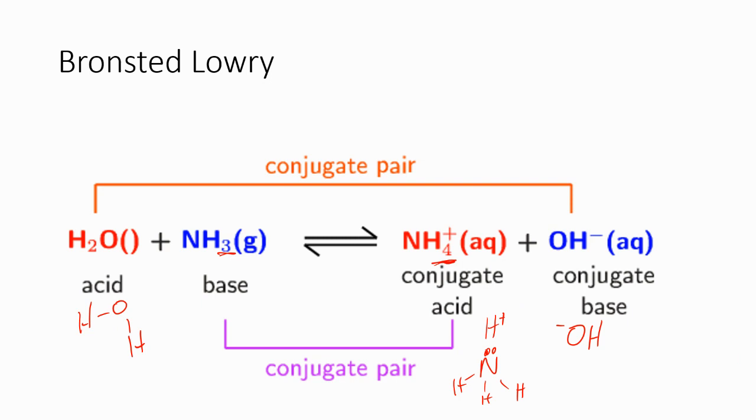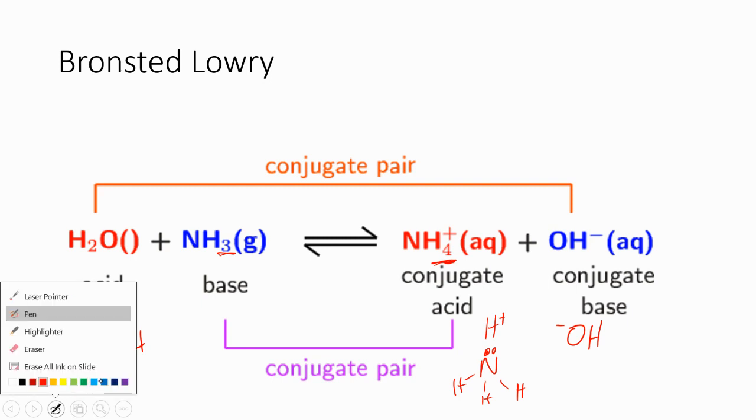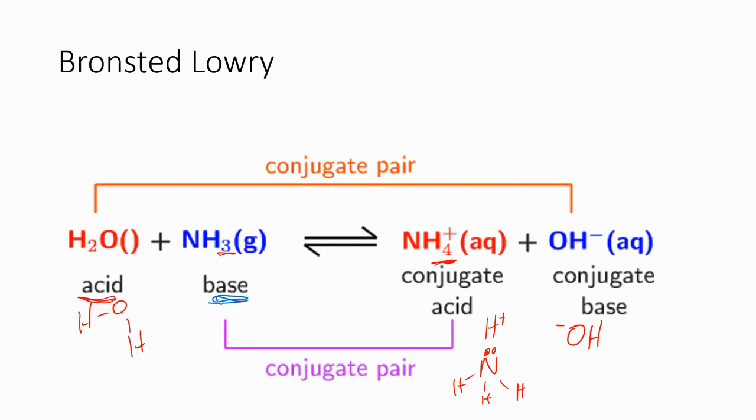And so at the end of the day, this was an acid, and the NH3 was a base because it accepted that H. Now that it has the H, the NH4 is an acid because now it has this hat, right? It took on the hat. This had the hat.